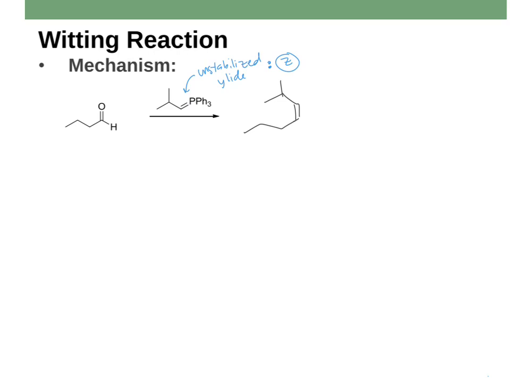So let me draw out this mechanism. We'll put my lone pairs on my oxygens. I'm going to remind myself here that this ylide can also be drawn out like this. And so it's got that positive there and a negative there, right? So that's how the charges line up. If I look over at my starting material, my aldehyde here, I know that the oxygen is partially negative and this carbon is partially positive.